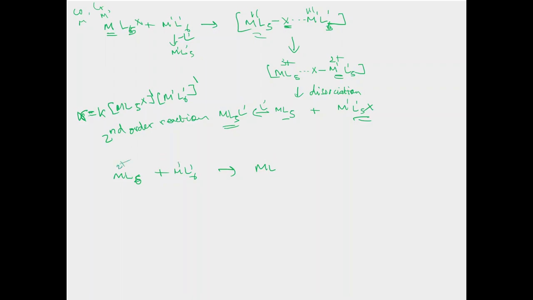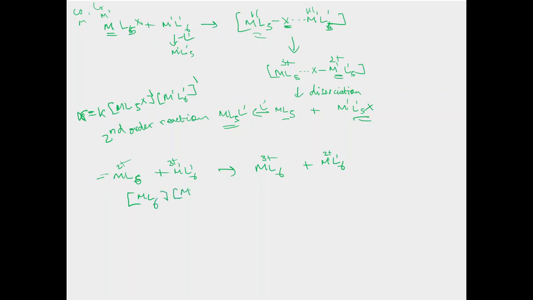If it was 2 plus and 3 plus here, after the reaction it will be 3 plus and 2 plus. Here this kind of thing does not take place because no bridging ligand is present, and they will not form any such coordination. The two complexes will be present just like that.